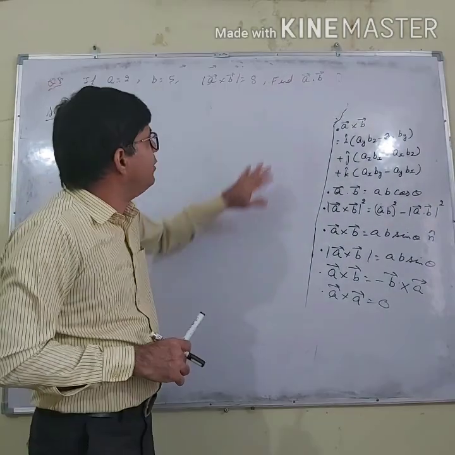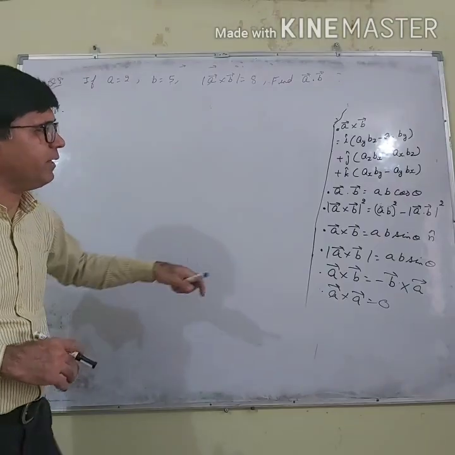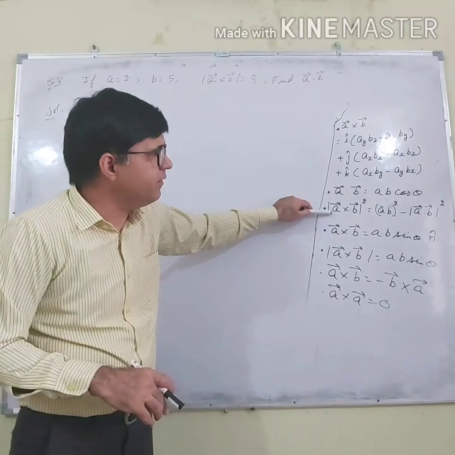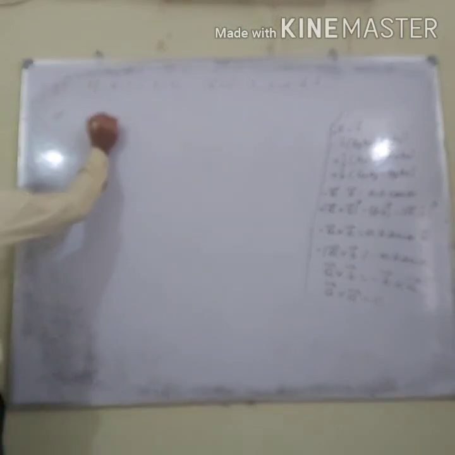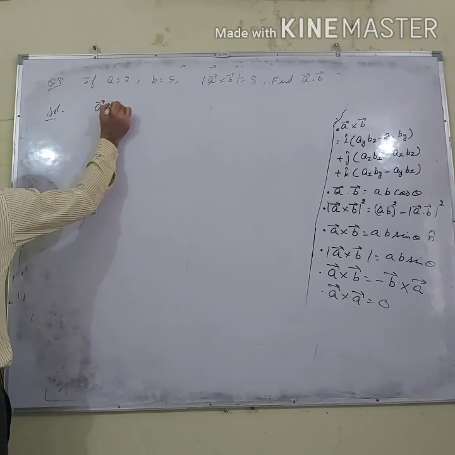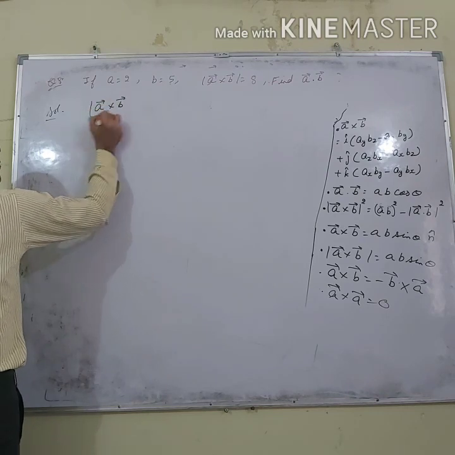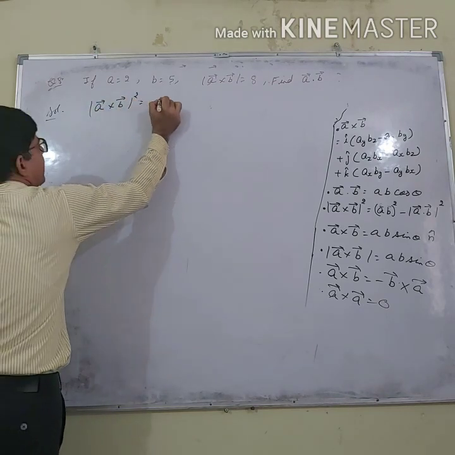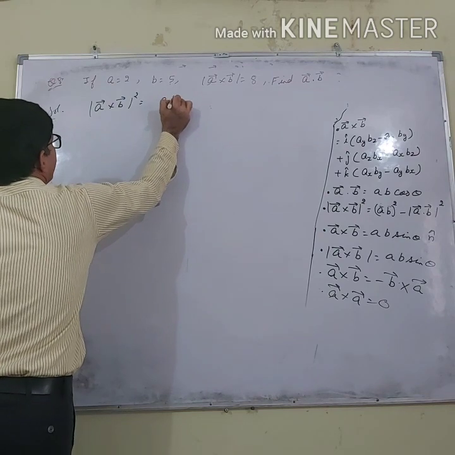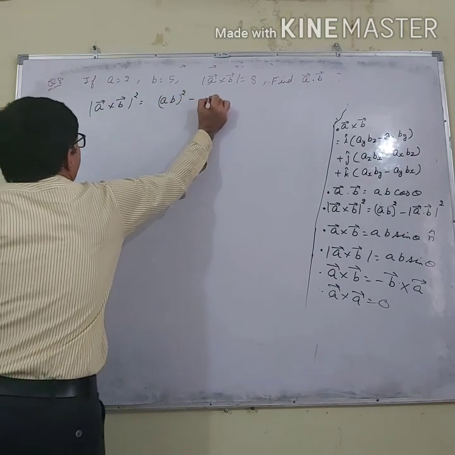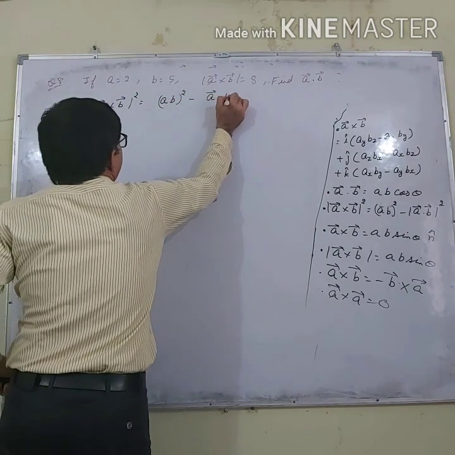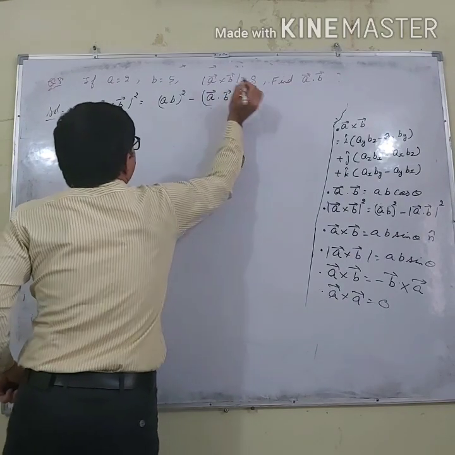Now, what is the relation between dot product and cross product that we have just discussed today? This is the relation: magnitude of A cross B squared is equal to A squared B squared minus (A dot B) squared.